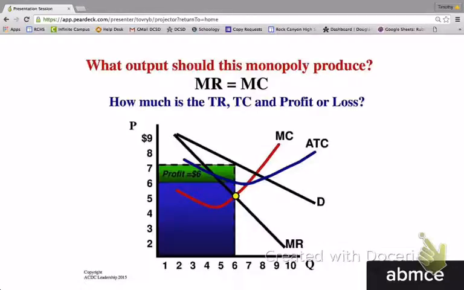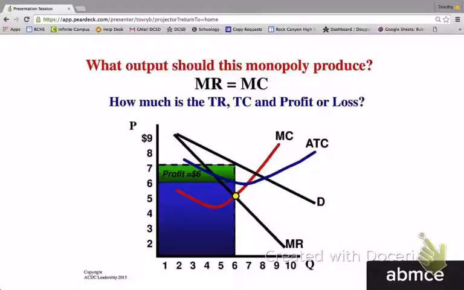But you would think, okay, under perfect competition, then it would charge a price of $5. But because the demand curve lies above the marginal revenue curve at that point, the firm can charge a higher price to sell that quantity of output. So it will go up to the demand curve and charge a price of $7.